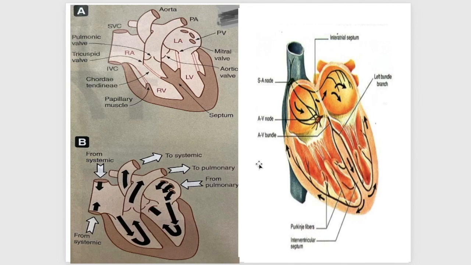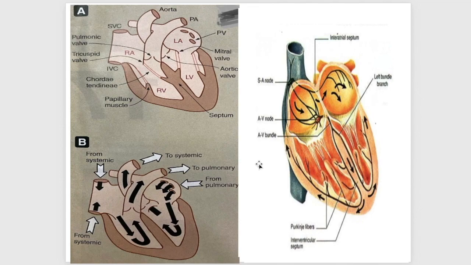Let's now look at the sequence of events in cardiac excitation. The cardiac conduction system is responsible for keeping the cardiac cycle going. If the cardiac cycle stops for too long, you experience serious consequences. So how does the cycle go on? The electrical impulse is initiated in the SA node, the sinoatrial node.